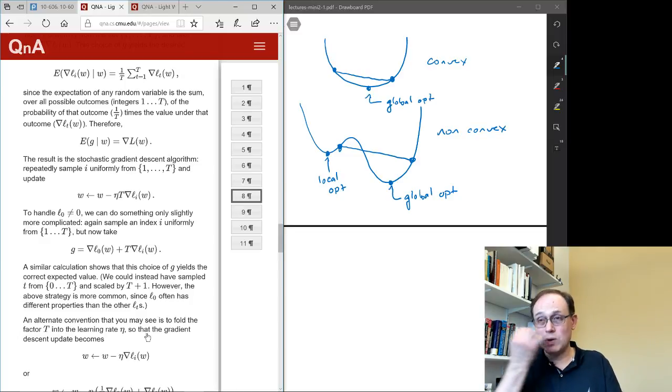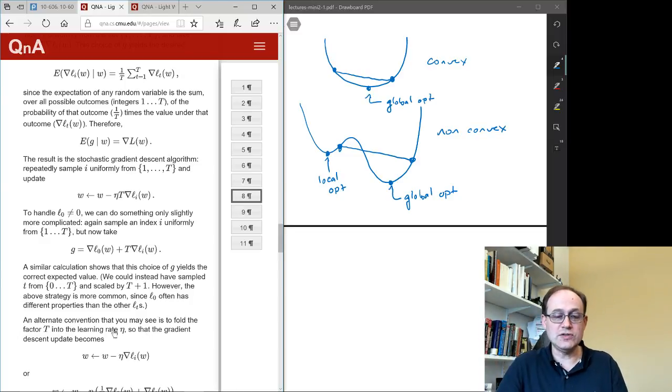Now, I want to point out, we could also just have sampled our index uniformly from 0 to t and scaled by t plus 1, instead of always keeping L0 and sampling only from the 1 to capital T. And that would work as well.